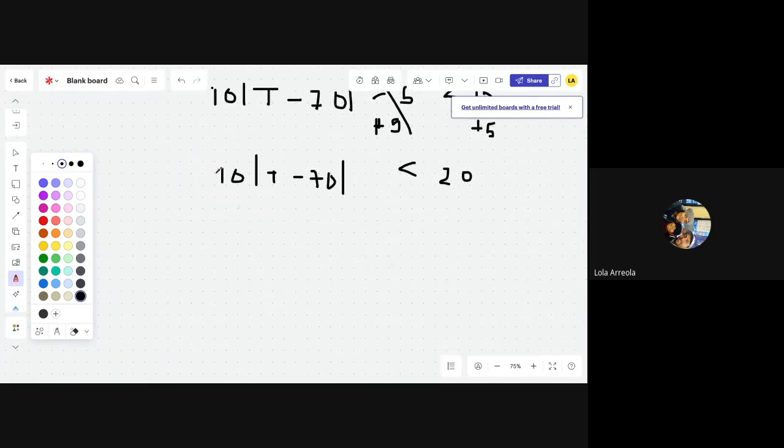Okay, now how can I eliminate that 10 times t minus 70? Divide by 10, right? Since it's 10 times this absolute value, think of it like 10x. The absolute value is just x. So in order to isolate the x, I have to divide by 10. So divide by 10.